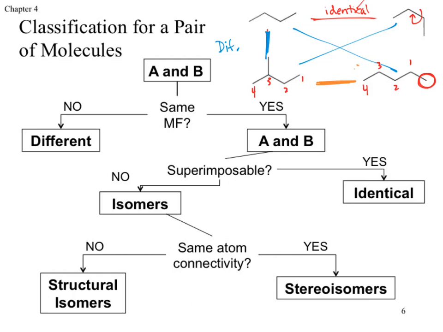In our rightmost structure, where did I attach that last carbon? The rightmost structure, I attached that carbon to carbon number 1. Where is that carbon attached in the leftmost structure? Number 3. We do not have the same atom connectivity. We've changed the location of those atoms. So what we're now looking at are structural isomers.